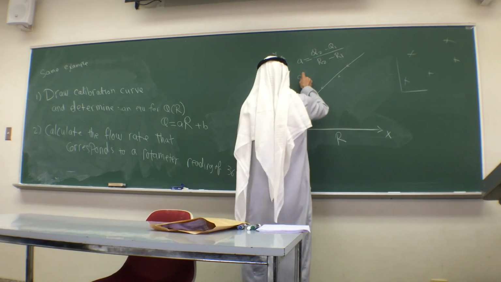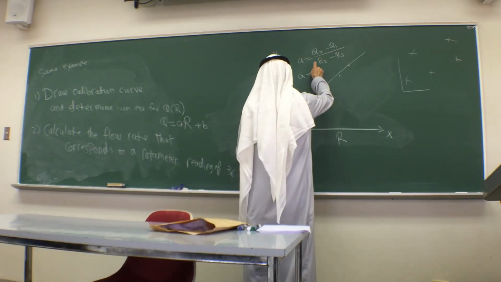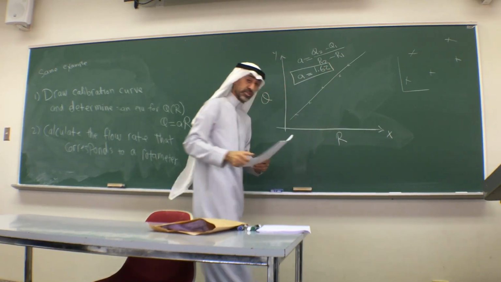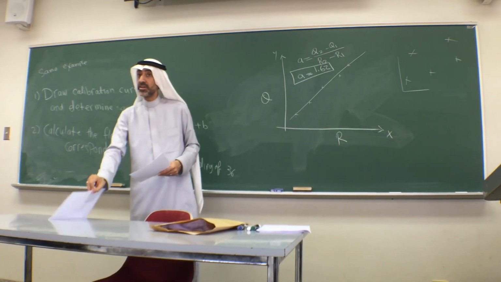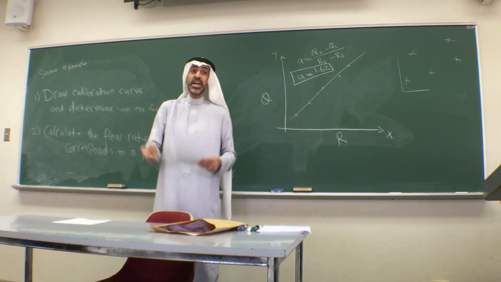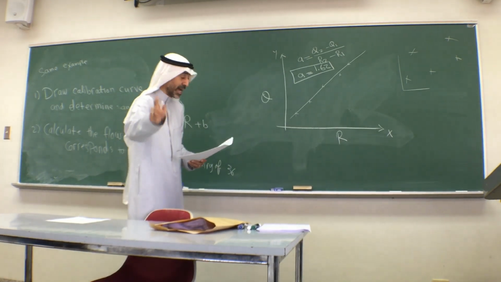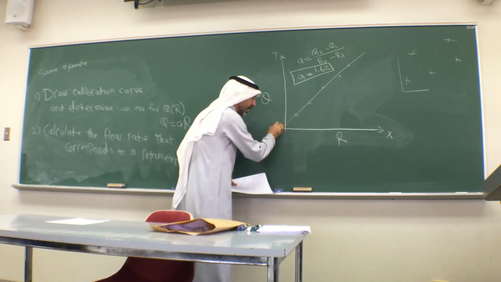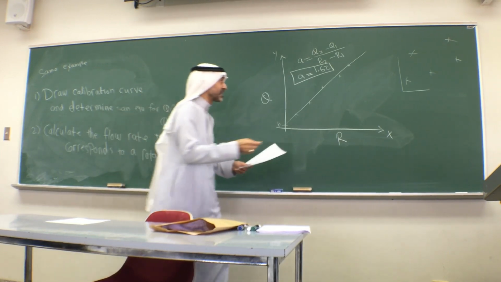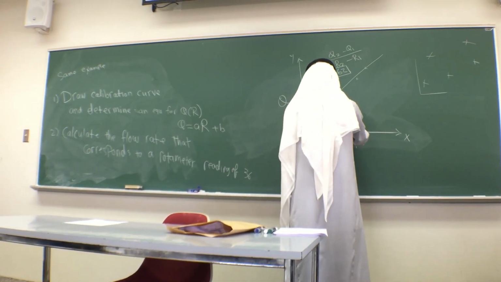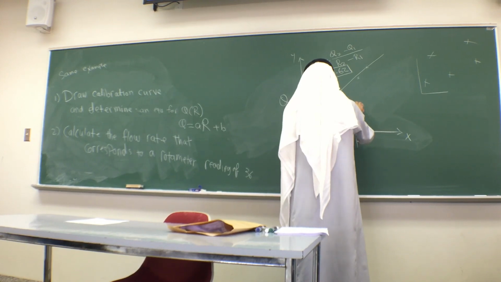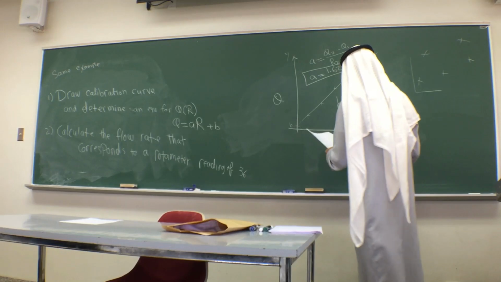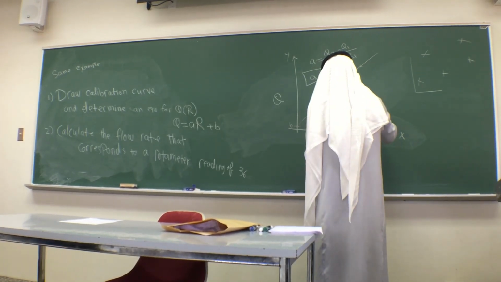So when you calculate this, you will have A equal 1.62. This is A. Now we need the intercept. Again, we can extend this and take the value of B, or we can say that B equals Y, which is what?